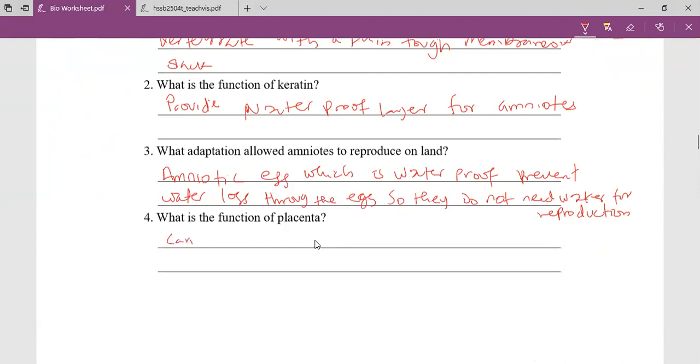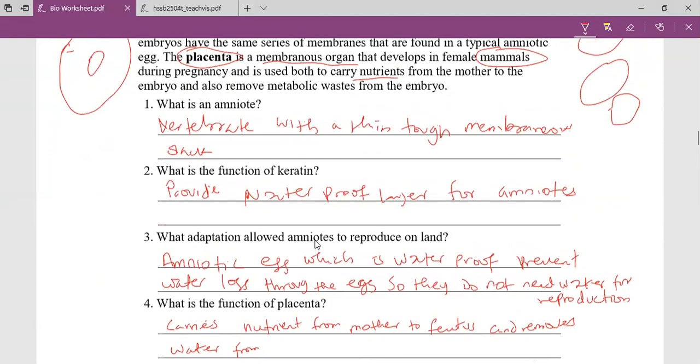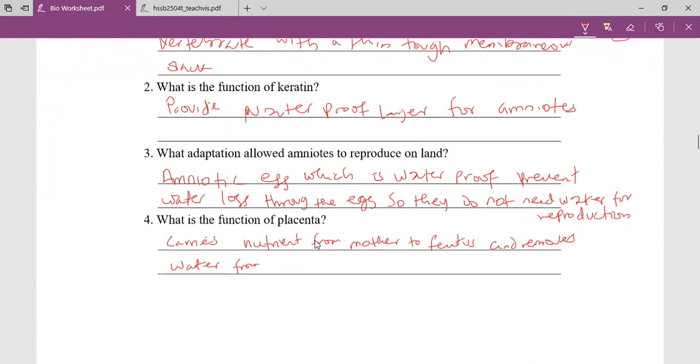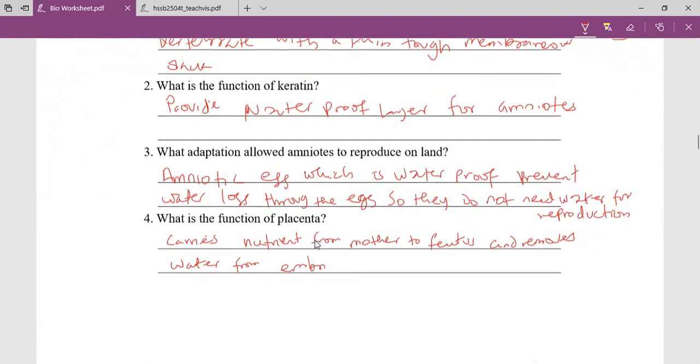It transports nutrients from the mother to the embryo, to the fetus, and removes waste from the embryo to the mother.